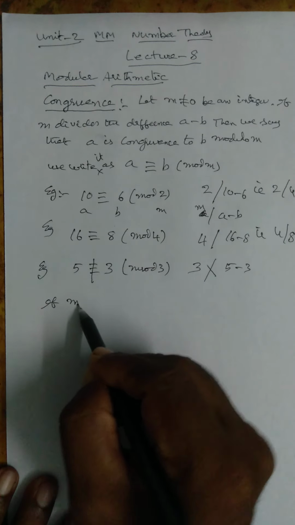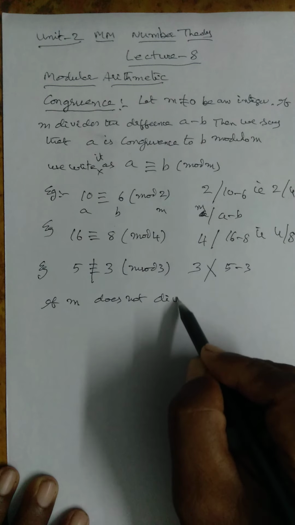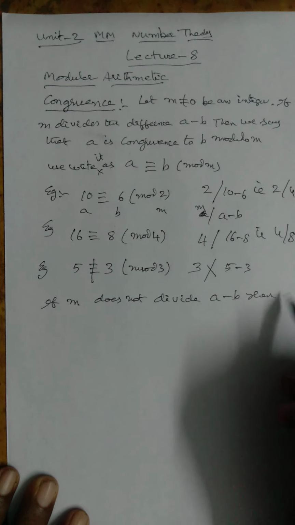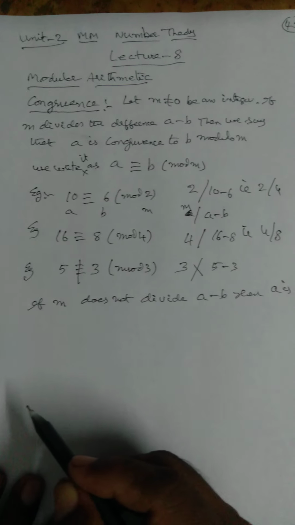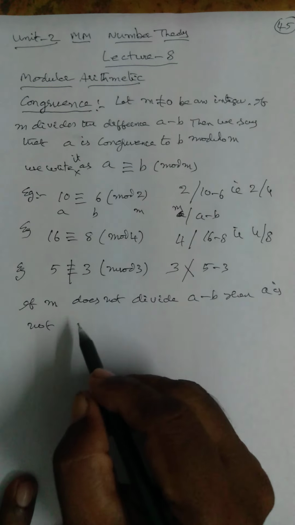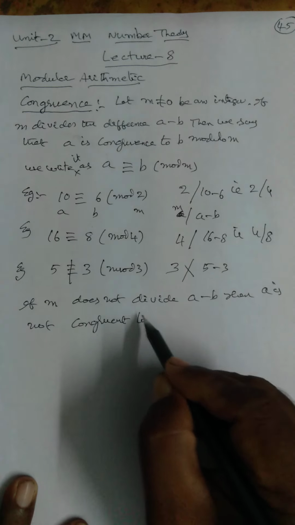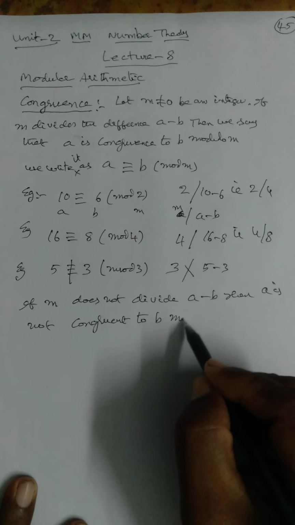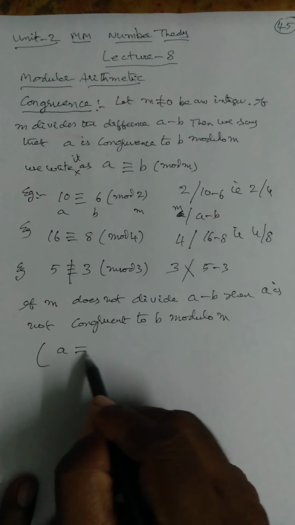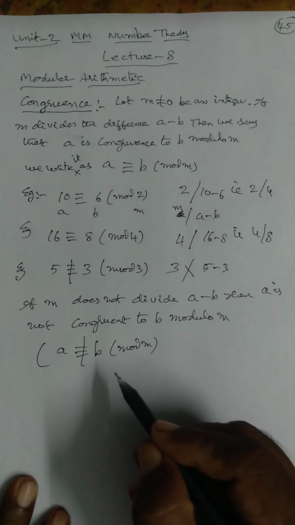If m does not divide a minus b, then a is not congruent to b modulo m. a not congruent to b mod m.